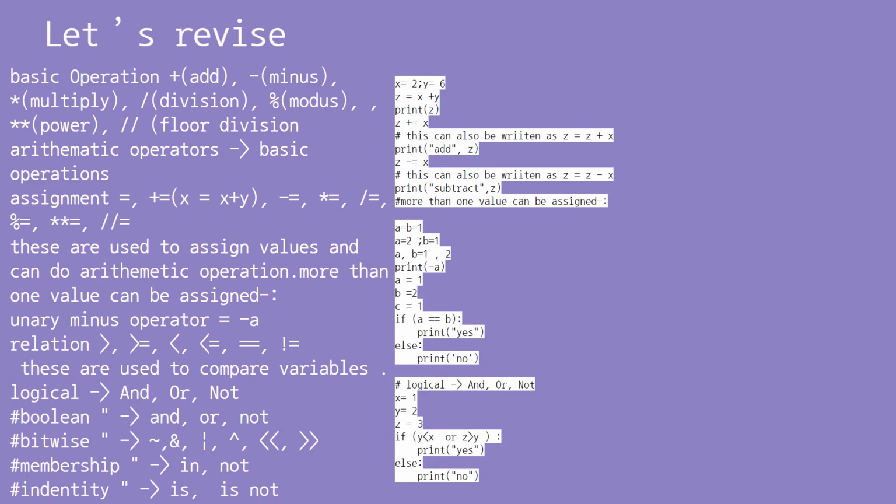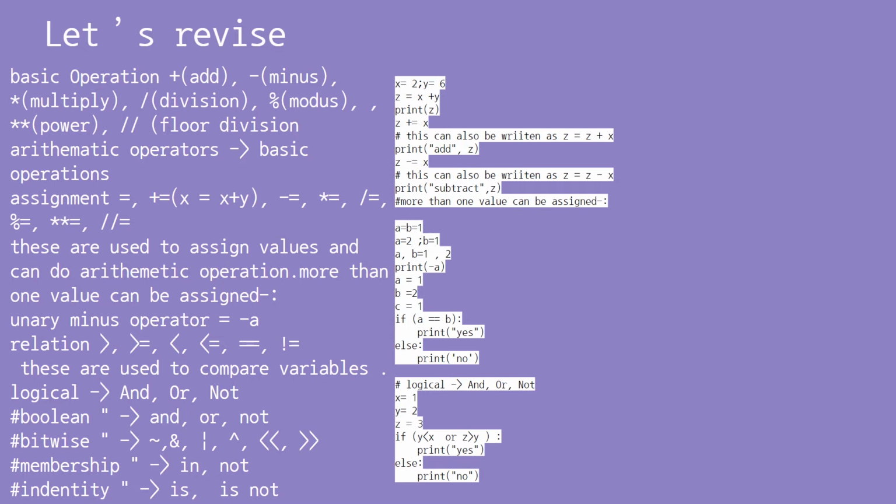Relational operators are used to compare variables. Logical operators: and, or, and not. In Booleans, if both are true, then do this. If one is true while the other is not, then you can do this. And not is like, if this is not true, then do this.